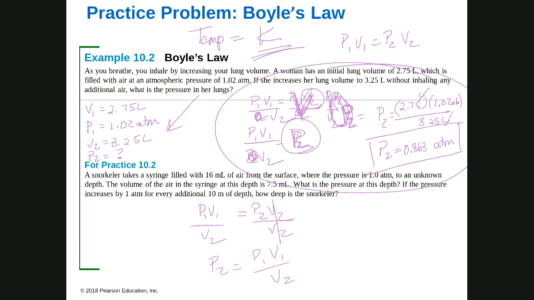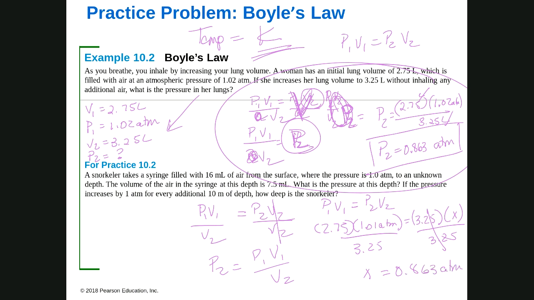If you just put it in like it was initially, you could put 2.75 times 1.02 atmospheres. It's kind of like a ratio and proportion: 3.25 times X, basically, and then divide by 3.25. Then X equals 0.863 atmospheres.